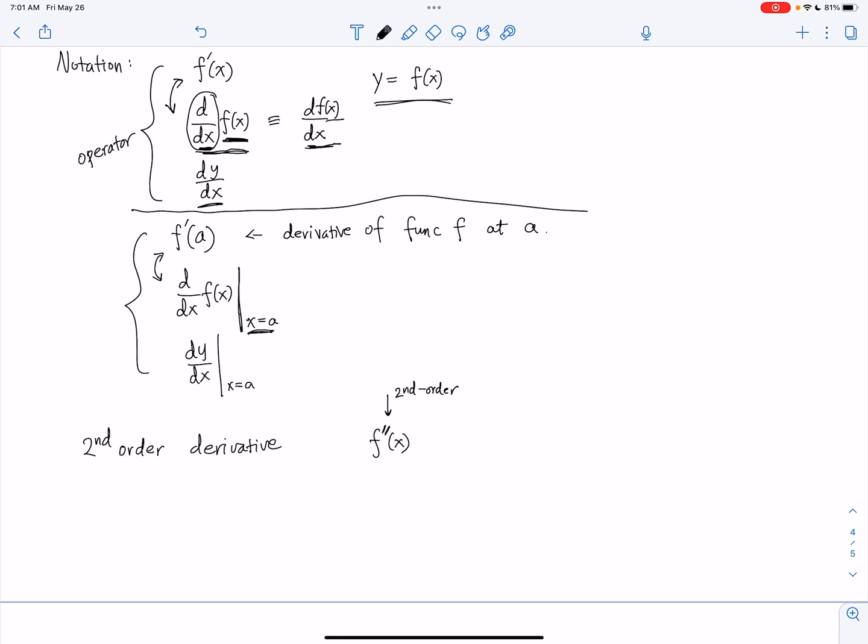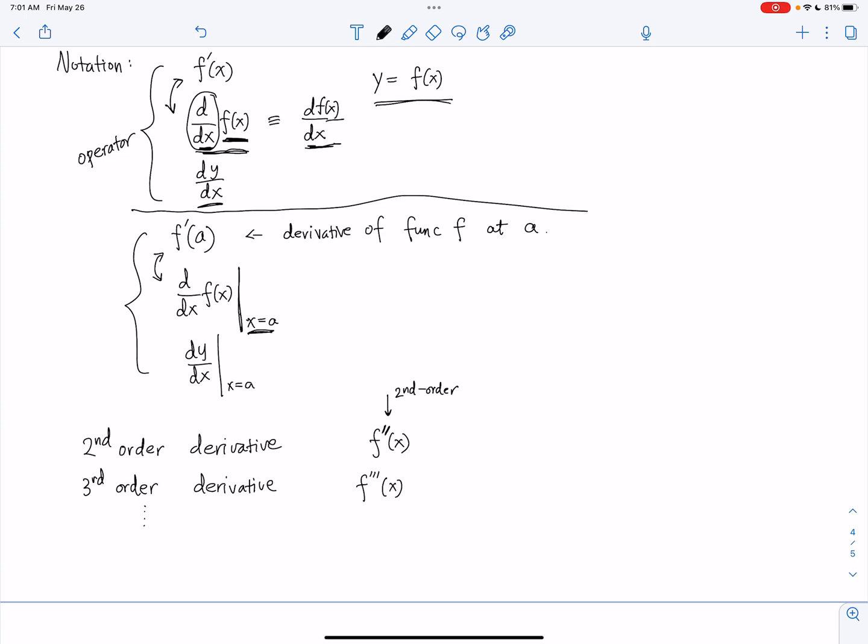You take the second order derivative, this is still a function. You can talk about its derivative, look at the tangent line, the slope of the tangent line, and so on. So you can have the third order derivative, and you can write f prime prime prime. And you can keep doing that.